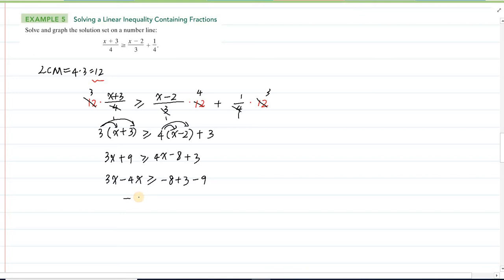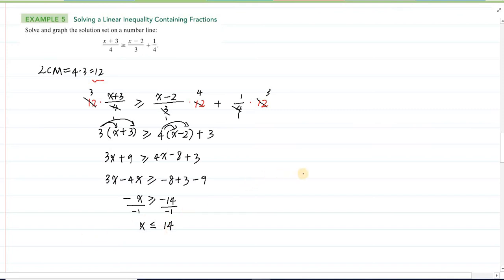So then I'm going to have negative x greater than or equal to, the whole thing will become negative 14. Negative 8 plus 3 is negative 5. Minus 9 is negative 14. Divide by negative 1 on both sides. Anytime we divide by a negative number, we switch the sign. So that will be x less than or equal to 14.